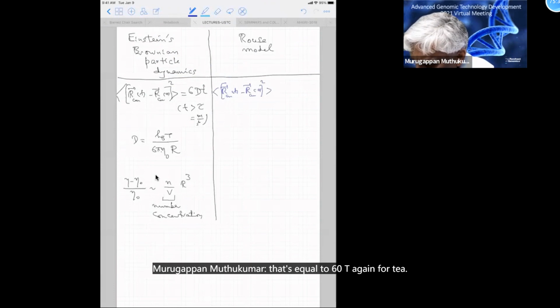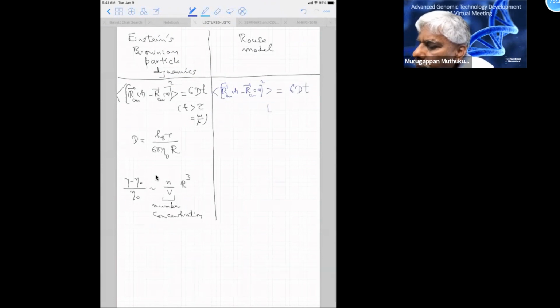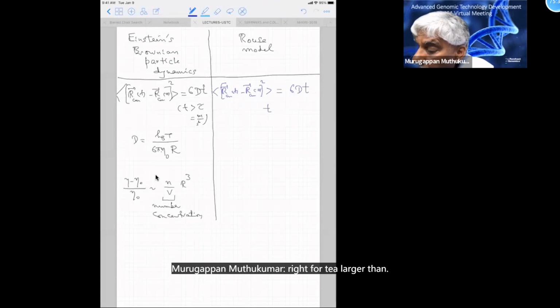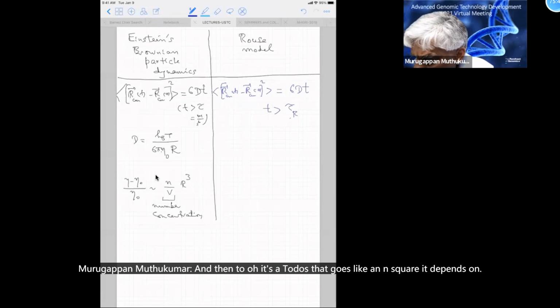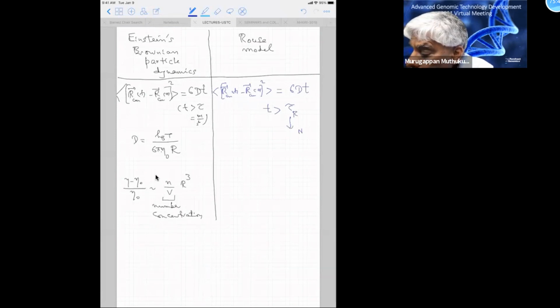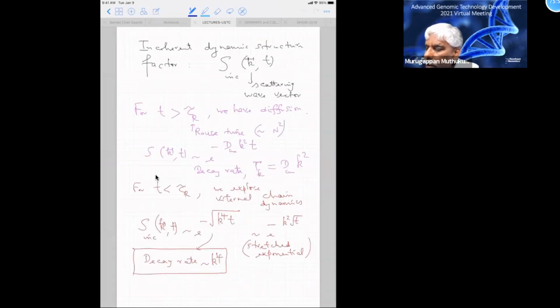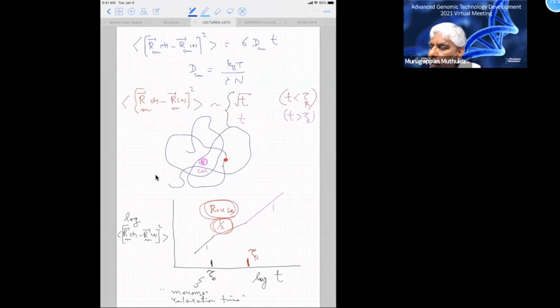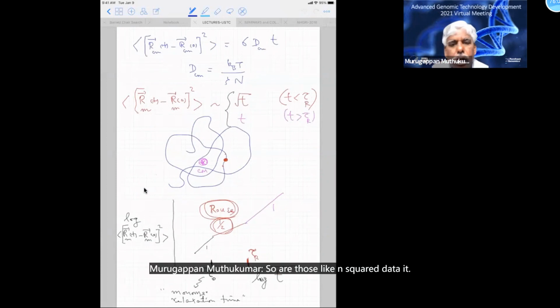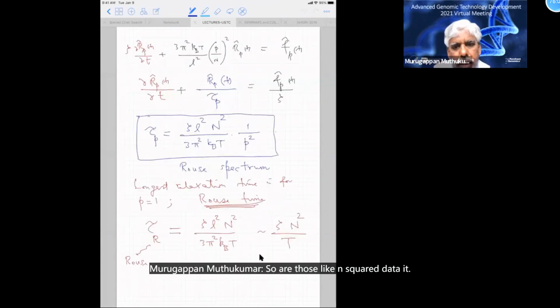That's equal to 6Dt again, for t larger than tau Rouse, and tau Rouse goes like N squared. It depends on N squared. Go back here. Tau R goes like N squared zeta by kT.